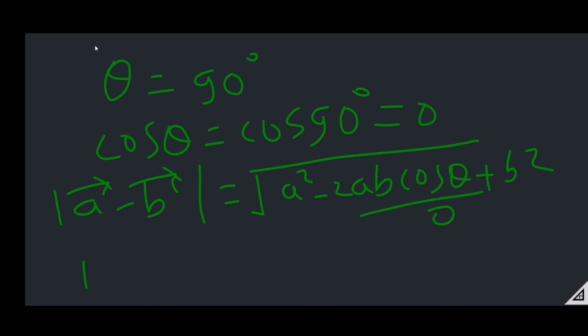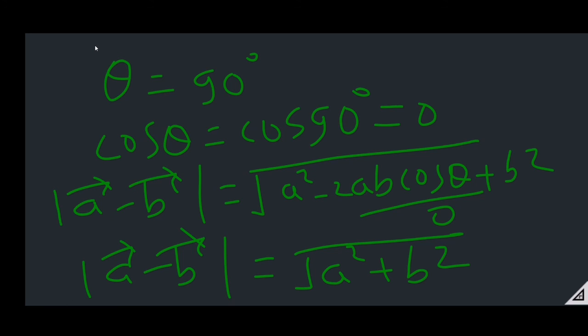Then we obtain the magnitude of a vector minus b vector equals root under a square plus b square when the angle between a vector and b vector is 90 degrees. This is the special case you have to know.